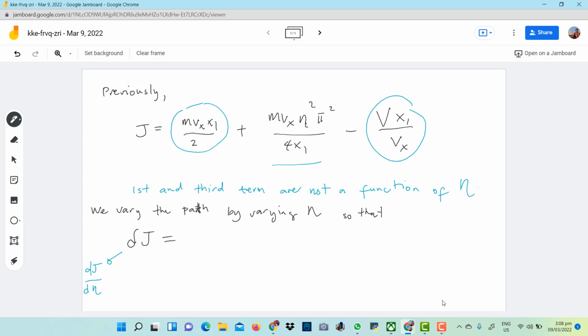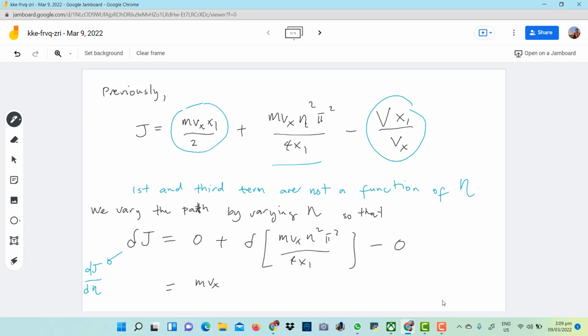So the only remaining term is the second term, which gives 0 plus the change of m vx eta square pi square over 4x1, minus 0.